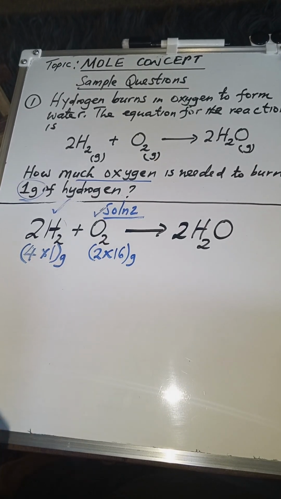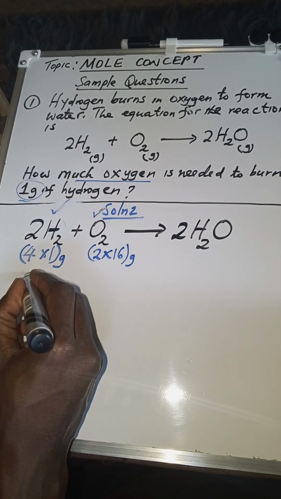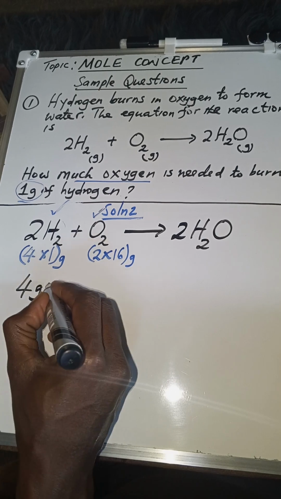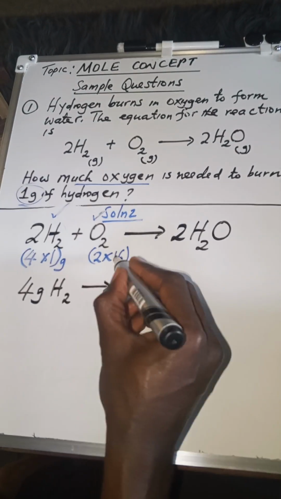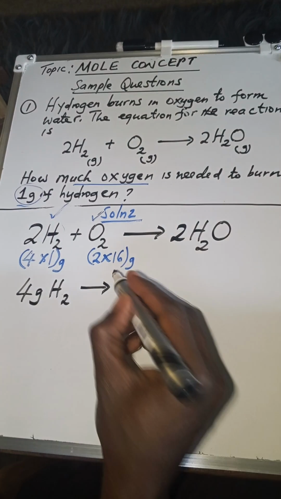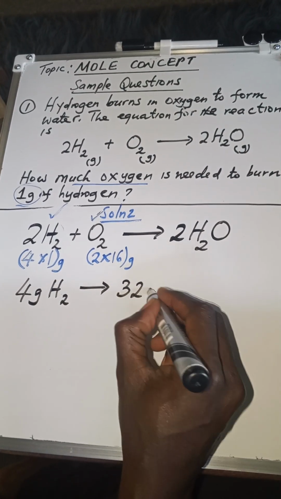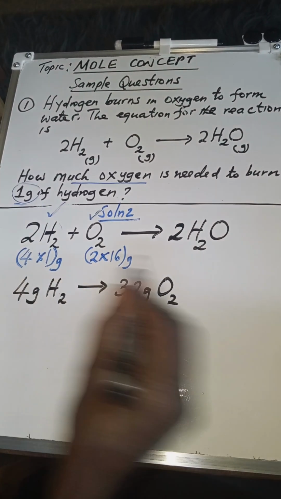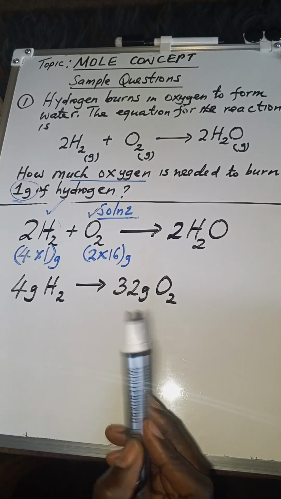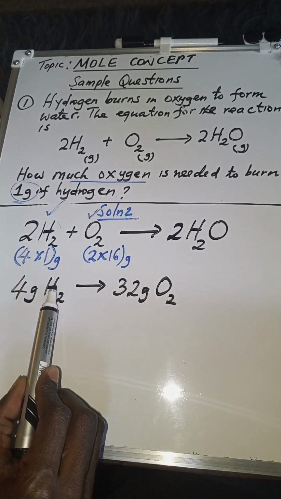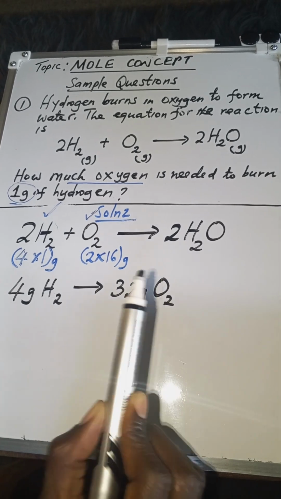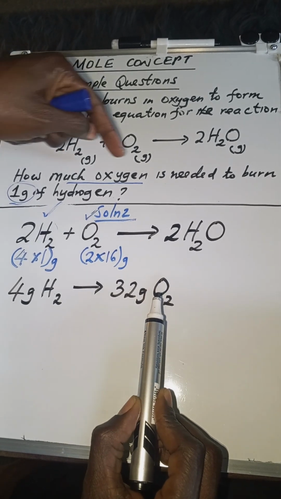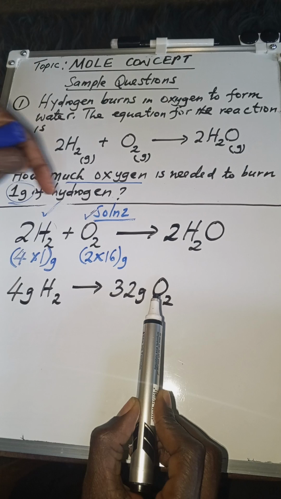So 4 grams of hydrogen reacts with 2 times 16, that gives me 32 grams of oxygen. From the balanced chemical equation, it simply tells you that 4 grams of hydrogen reacts with 32 grams of oxygen. But the question is, how much oxygen is needed to burn 1 gram of hydrogen?